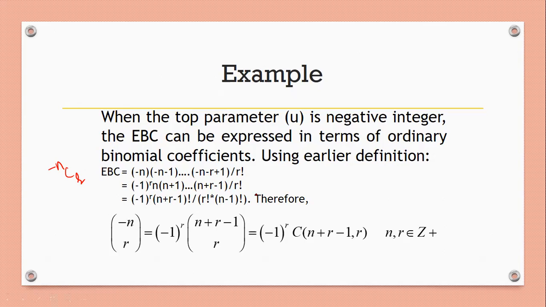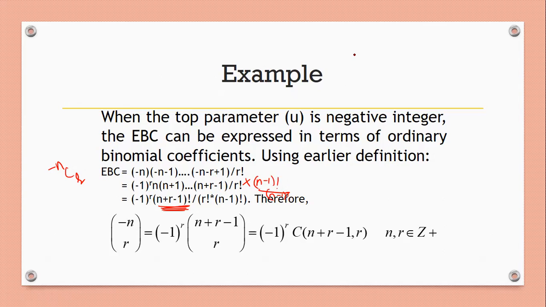Now, to get the factorial n plus r minus 1 factorial, you have to multiply the numerator and denominator with n minus 1 factorial. Why is that? Because from n plus r minus 1, we have reached only till n.